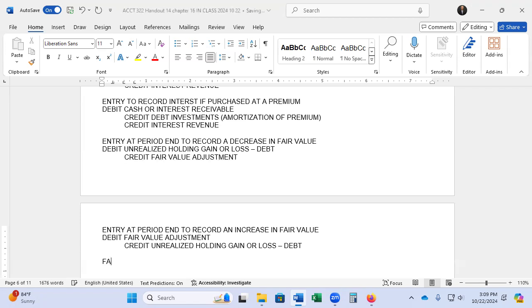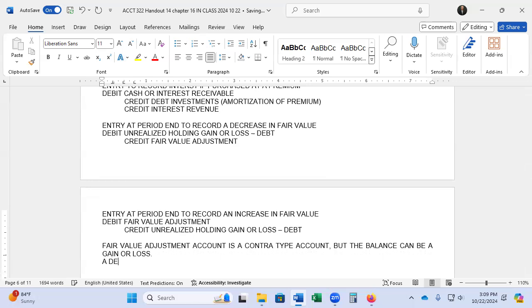Okay. Fair value adjustment account is a contra type account, but the balance can be a gain or loss. A debit balance increases the value of the debt instrument.